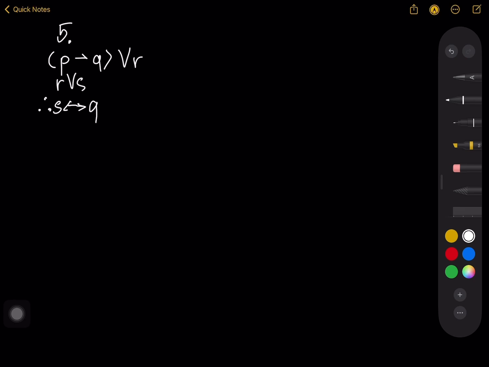Okay, in this problem, the conclusion contains the biconditional of P and Q. What does it mean by the biconditional of P and Q? It states P if and only if Q. So this statement is true if both P and Q have the same truth values.